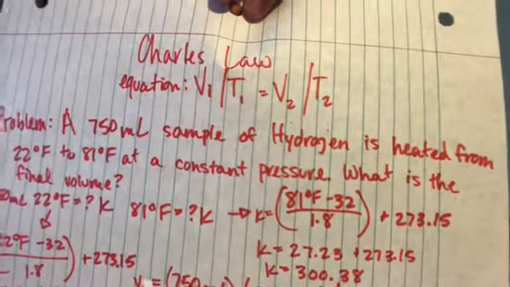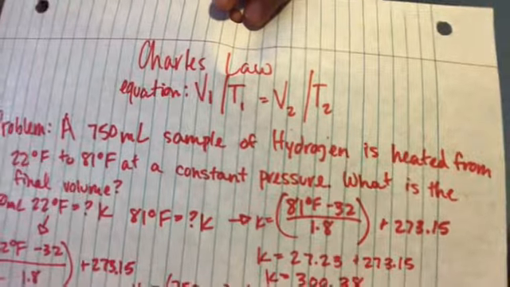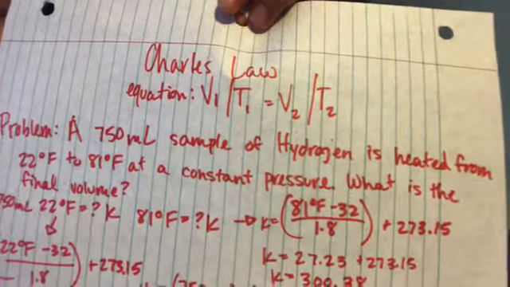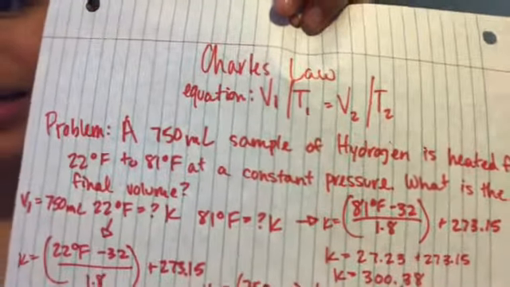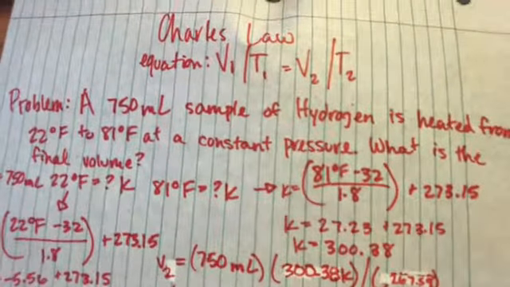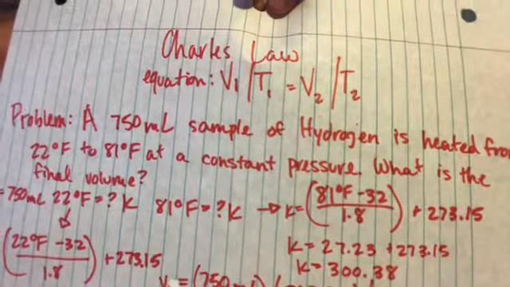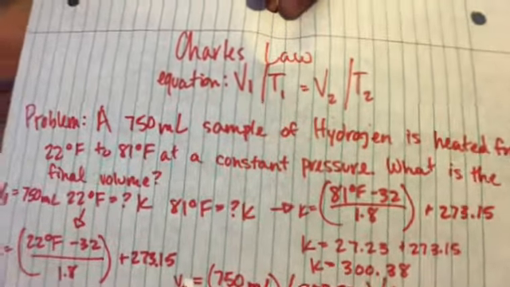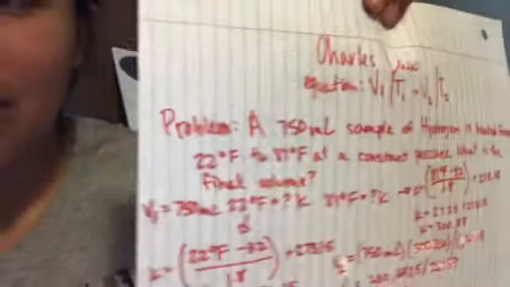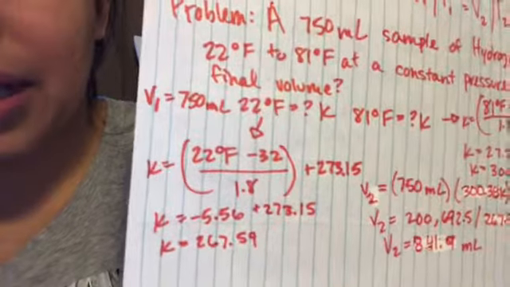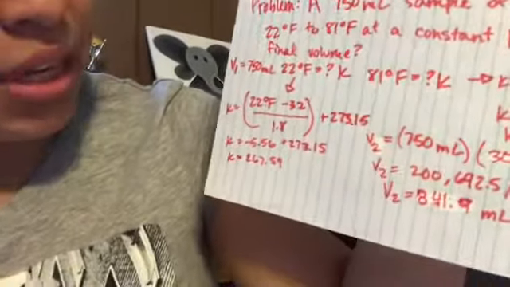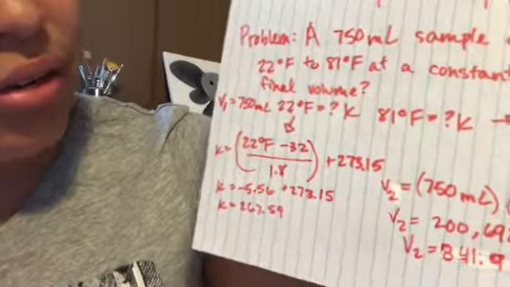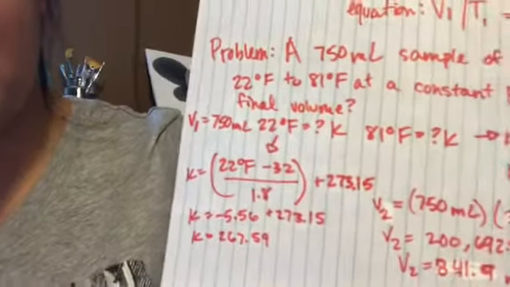We put 81 degrees Fahrenheit minus 32 over 1.8 plus 273.15, and then we get that 300.38 is the Kelvin for 81 degrees Fahrenheit, sorry. And then right here we get that 267.59 is the Kelvin for 22 degrees Fahrenheit.